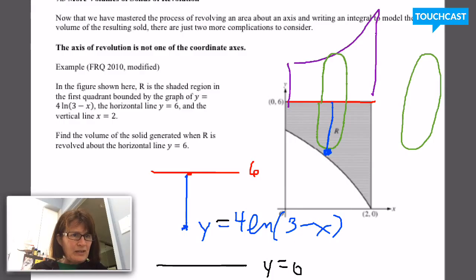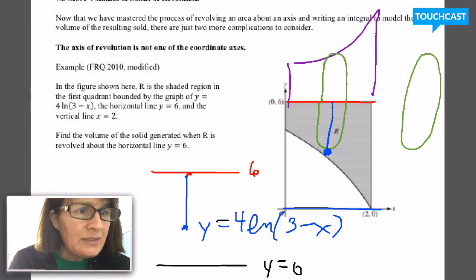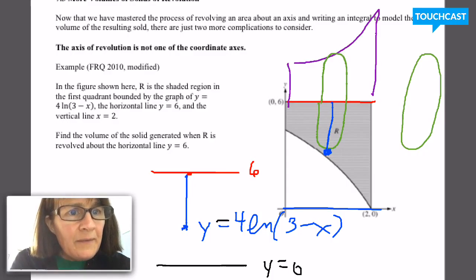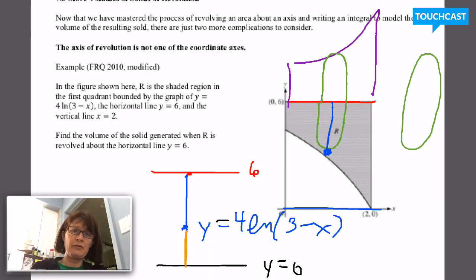And down here at the bottom, I have sort of this bottom boundary, which is y equals 0. So just notice that if I said that the blue radius had distance 4 natural log of 3 minus x, that's not true, because it's this distance, which I will make orange. This distance is 4 natural log of 3 minus x.